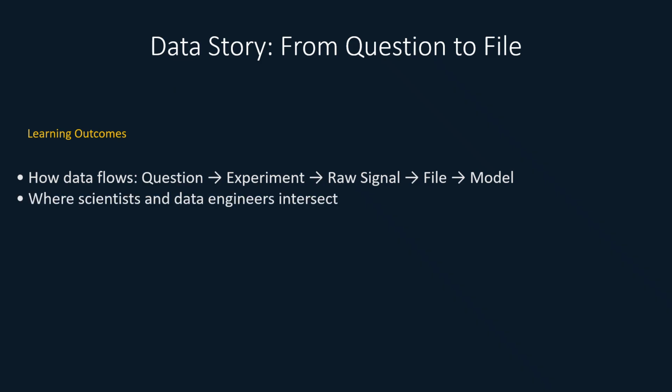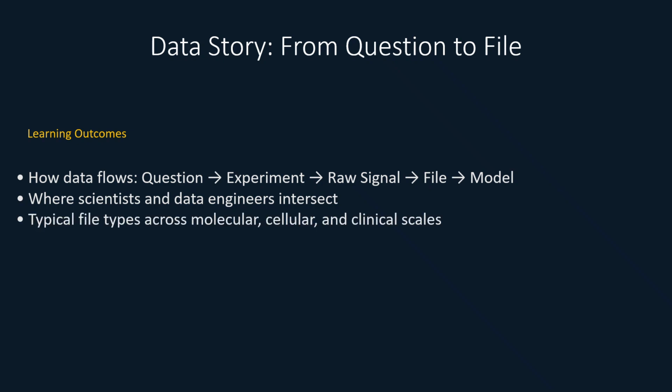And pre-processing turns that signal into the file an ML team eventually sees. So this is also where scientists and data engineers overlap. One designs the assay and generates the signal. The other manages, transforms, and stores the data.